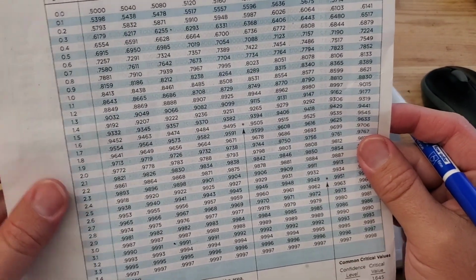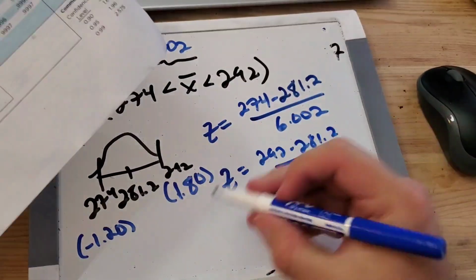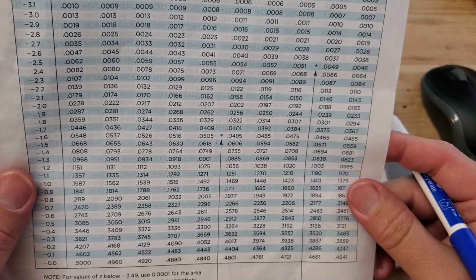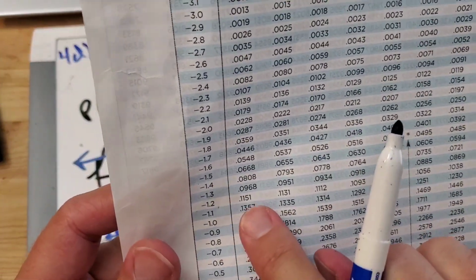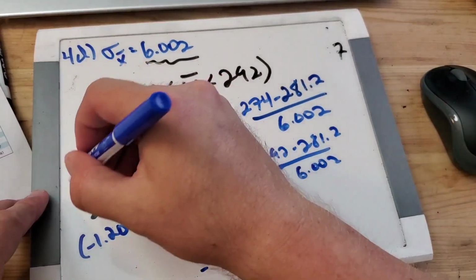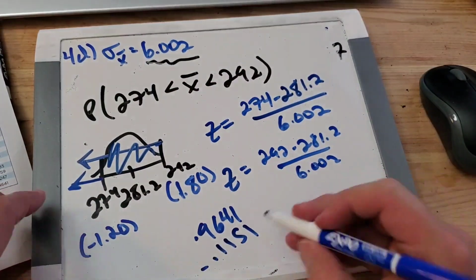If I look up 1.8, I get 0.9641. That, of course, is going to be this much. And if I look up negative 1.2, I get 0.1151. That, of course, is going to be this much. So if I subtract those two, I'll just end up with the amount that's in there.